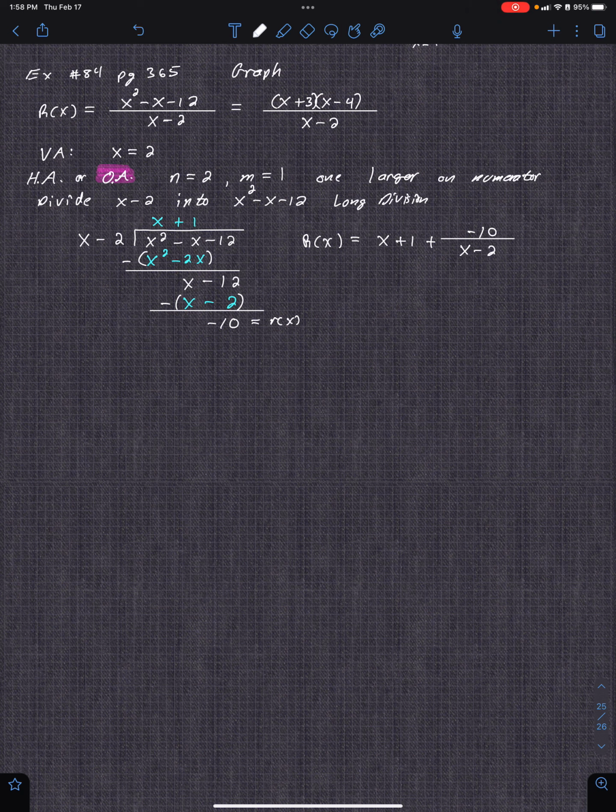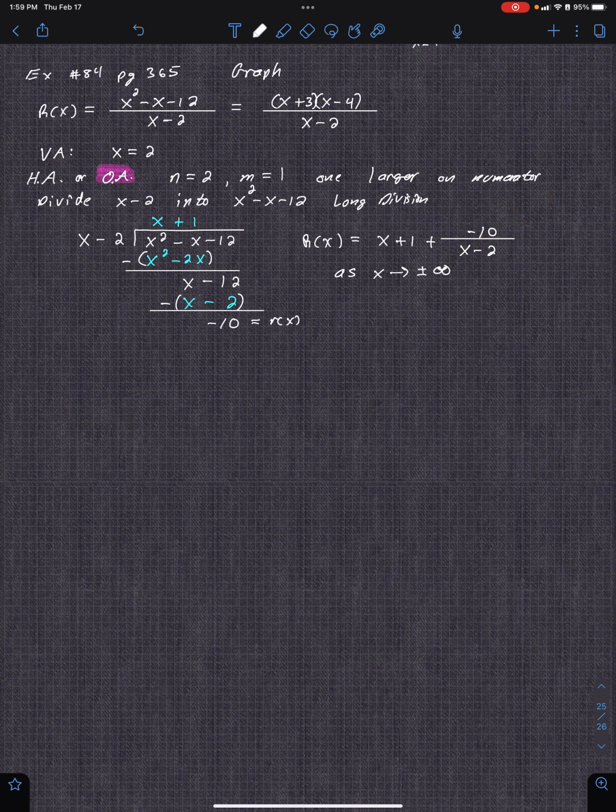So if you look at this r of x, as x approaches plus or minus infinity, what's happening to this number? You have negative 10 divided by this number right here, which is getting really large, like a billion, quadrillion, octillion, that sort of thing. Those are actual numbers, by the way. So it's huge. So basically, this whole thing is approaching 0. It's disappearing for very large values of x.